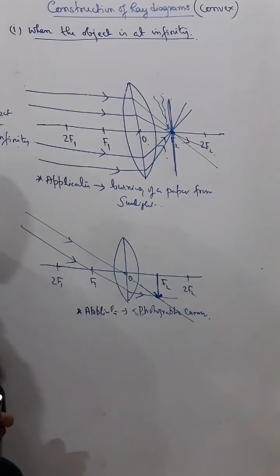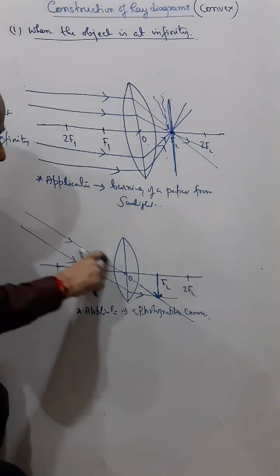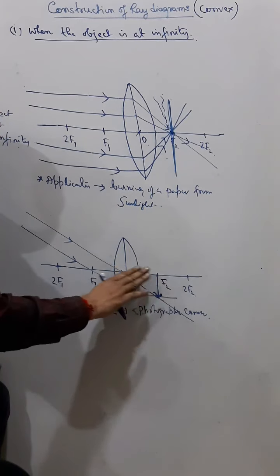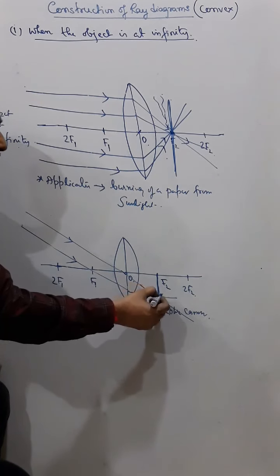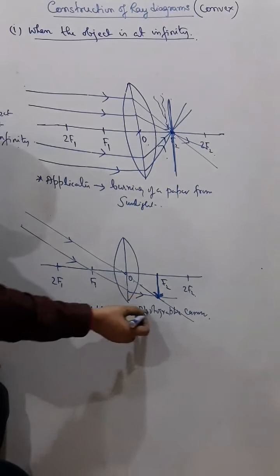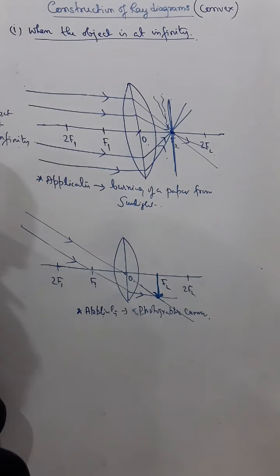In a photographic camera, when the object is very far, that means the distance is very far, like a hill or a river which you are clicking, that very far distance light enters through the camera lens and falls on the camera film, and we get the image. So this application is the photographic camera. Okay, so this is the first ray diagram, and this is when the object is at infinity.